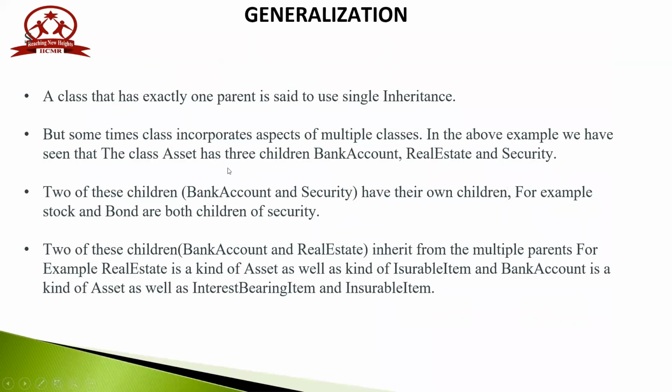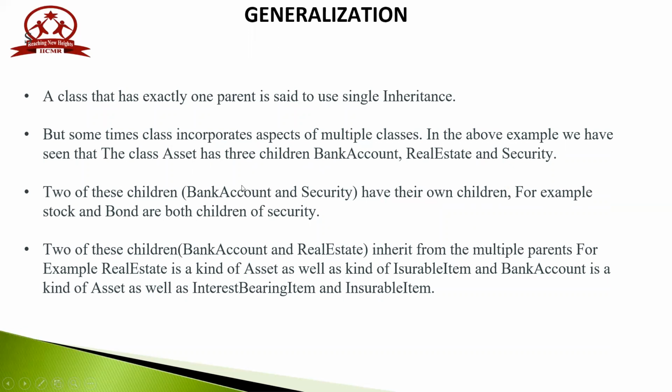So let's conclude. A class that has exactly one parent is said to use single inheritance. But sometimes a class incorporates the aspects of multiple classes. In the above example, we have seen that the class asset has three children: bank account, real estate, and security.